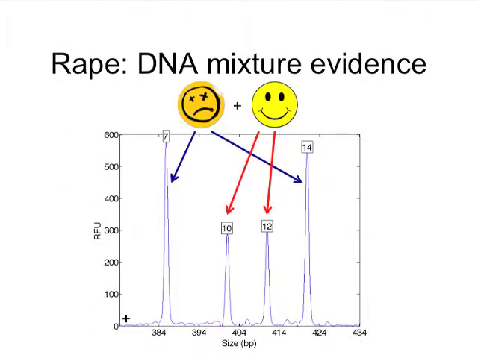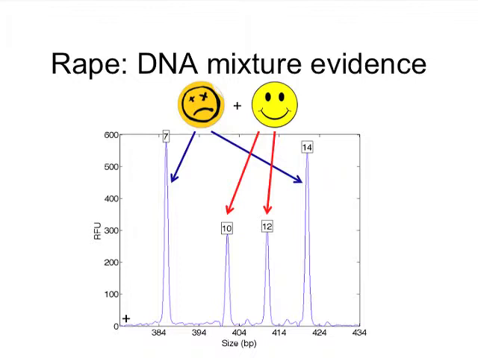Unfortunately, DNA mixture evidence is what you find in sexual assault rape kits. There are at least two people present, a victim and a perpetrator, and there could be multiple people. DNA mixtures from rapes have 2, 3, 4 people in them.